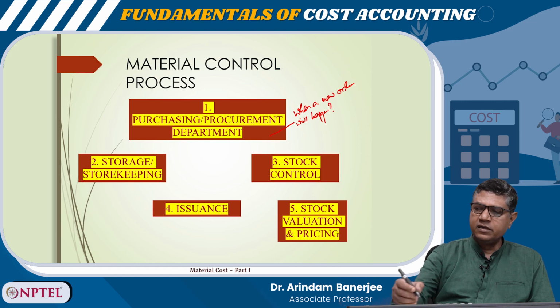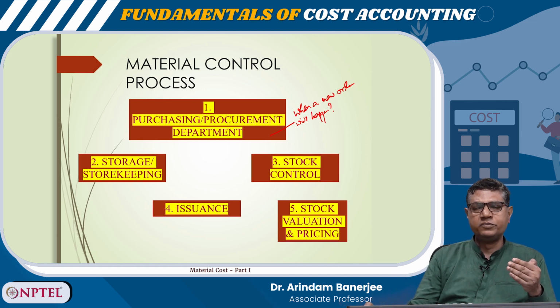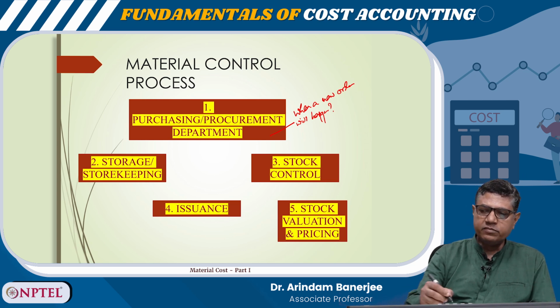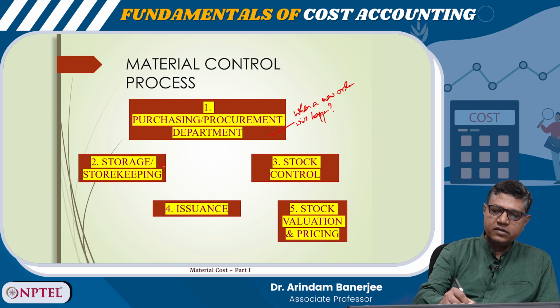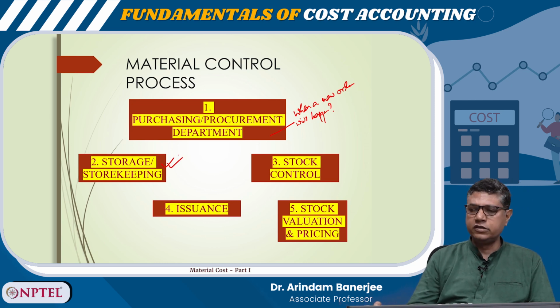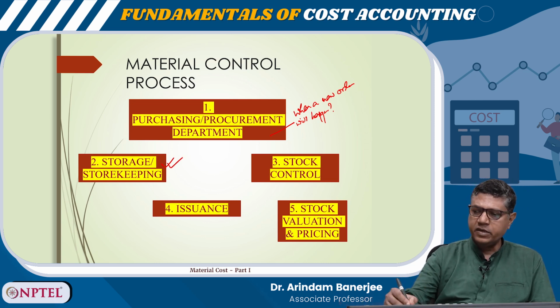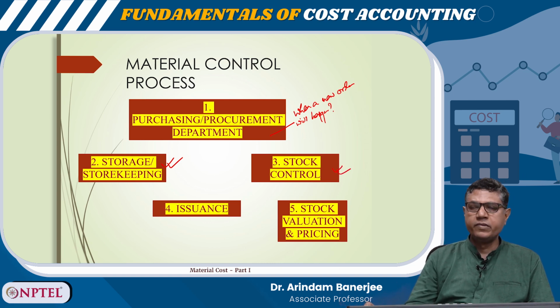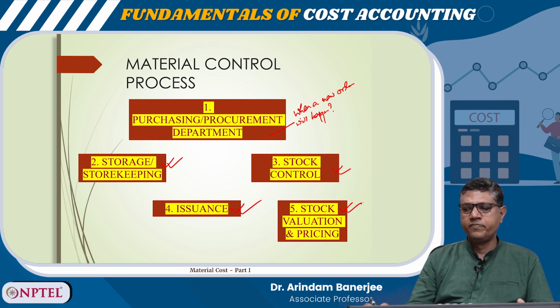And once this purchase order has been issued, it will come to the storage or the storekeeping, and they will keep control over this stock. Once they receive the requisition from the production department, they will issue the stocks, and then they will value the stocks periodically.